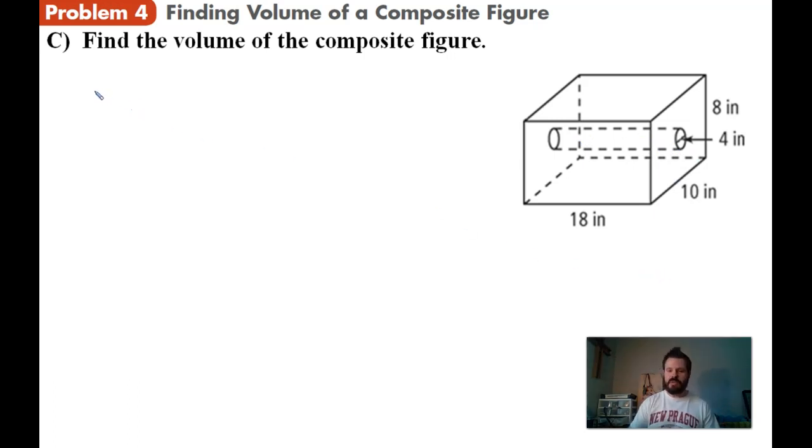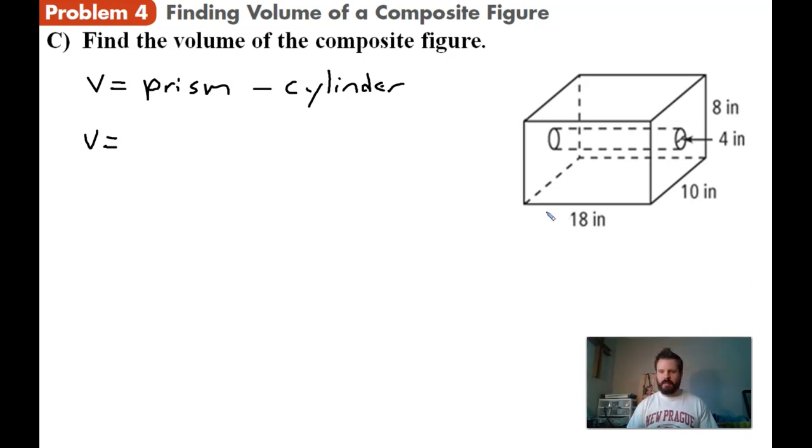This one we're going to approach similar to our last one. We're going to say the volume is equal to the prism, the larger shape, this time minus the cylinder. And we'll just find those two parts separately.